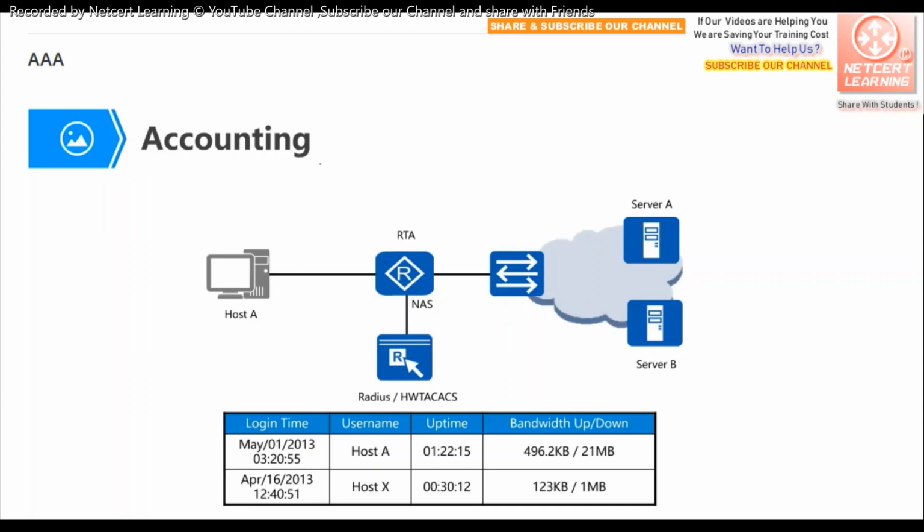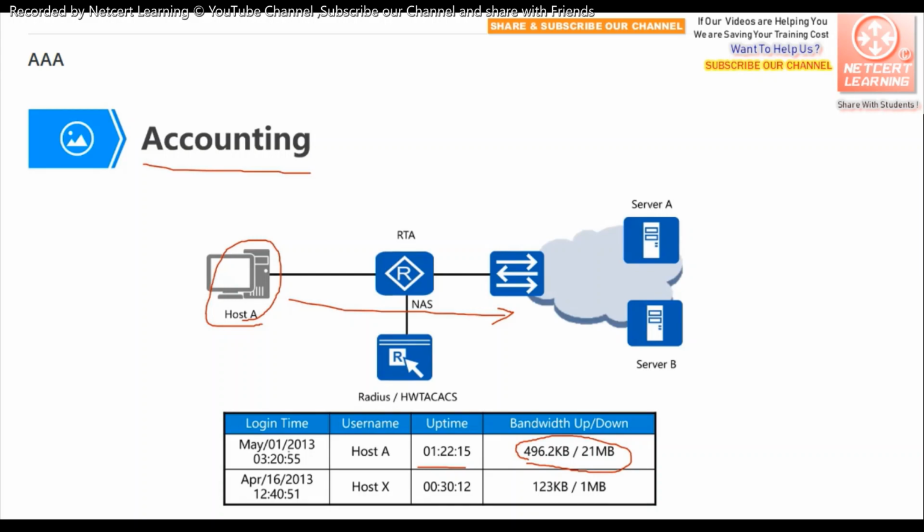Next is accounting. Accounting means, okay, when one host accesses this network, we want to account these users by the time, or by the bandwidth, or by the traffic. So when this user accesses the network, we will start to account this user.